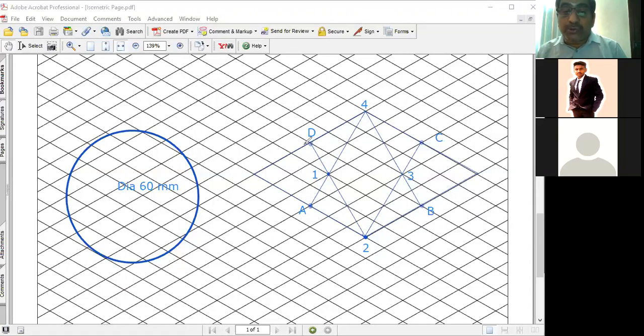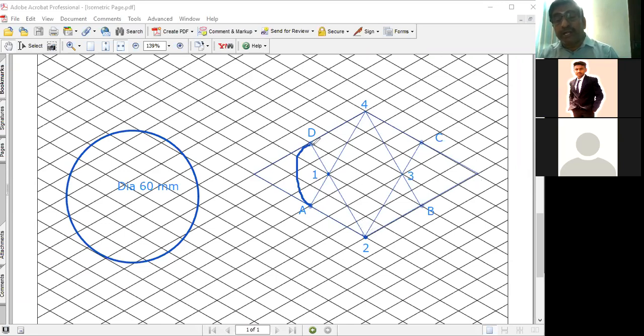This arc you need to do properly. Okay, 1 as center, A as radius, draw an arc up to D.